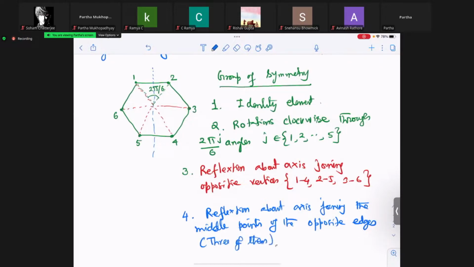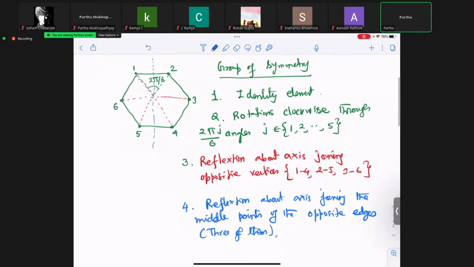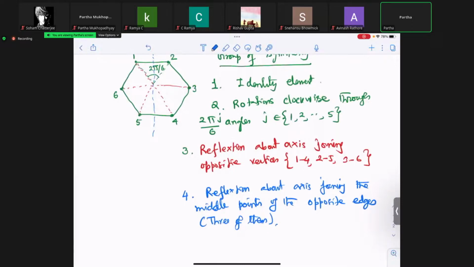You will study in the algebra course how these things determine the group of symmetry of the hexagon, and the rigorous proof is there. Okay, so here our task is, looking at this group of symmetry, to find the distinct colorings.